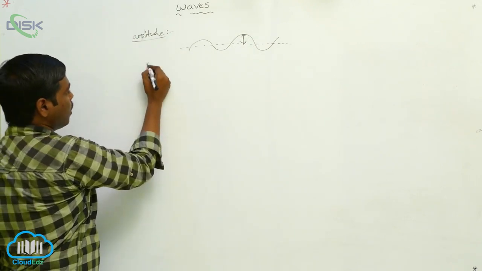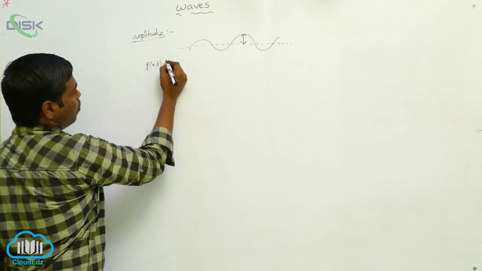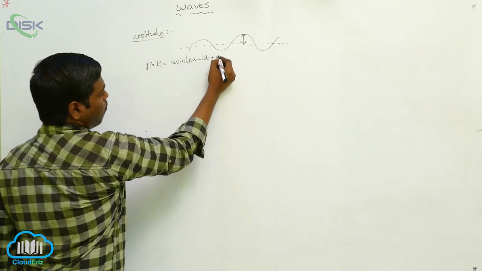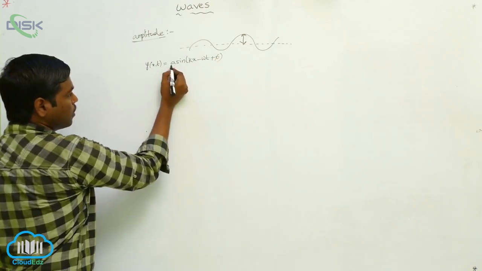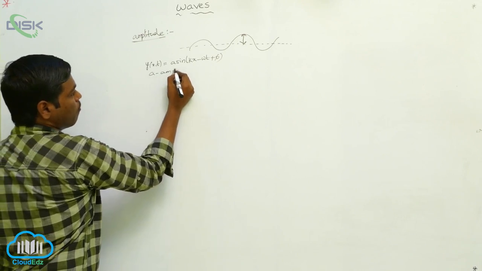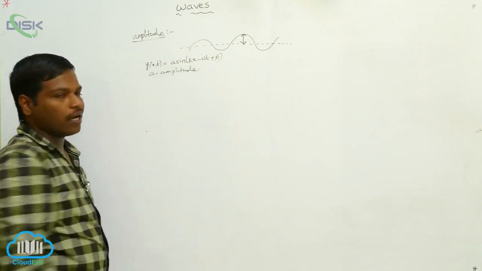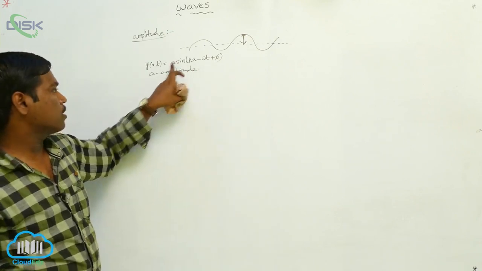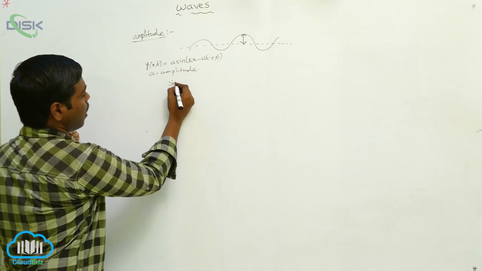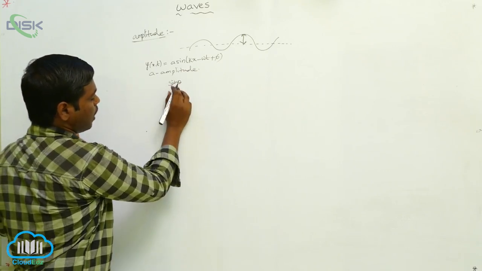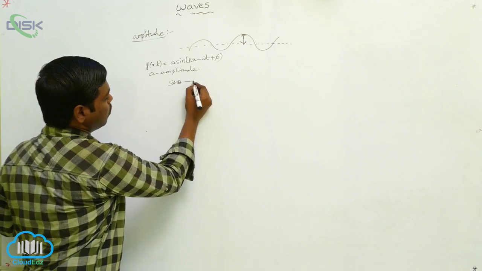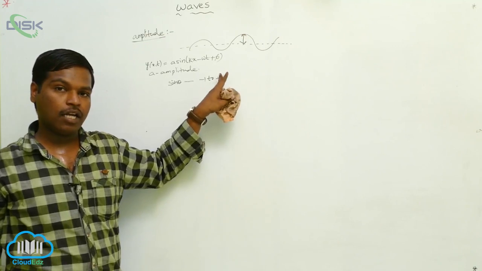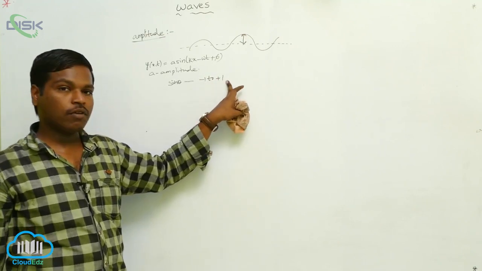Here in y of x comma t is equal to a sin kx minus omega t plus phi, a is the amplitude. Already we know the sine value changes from -1 to +1.